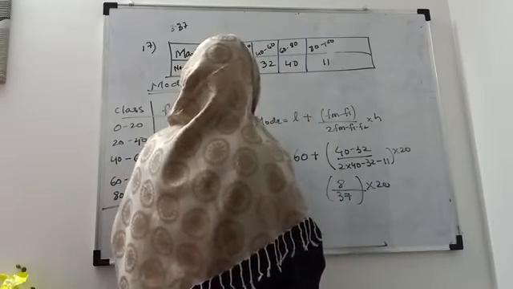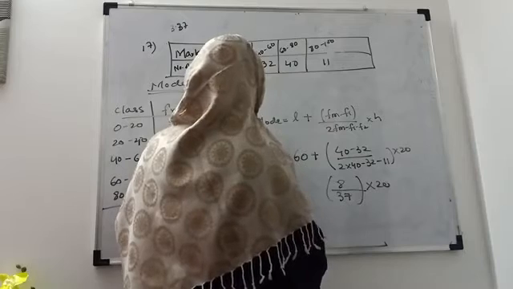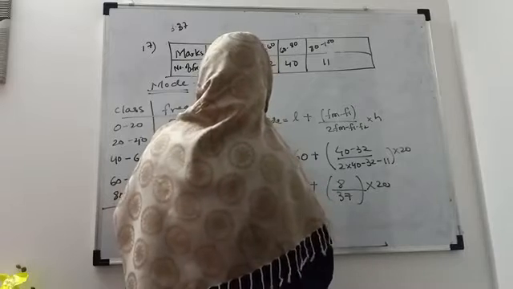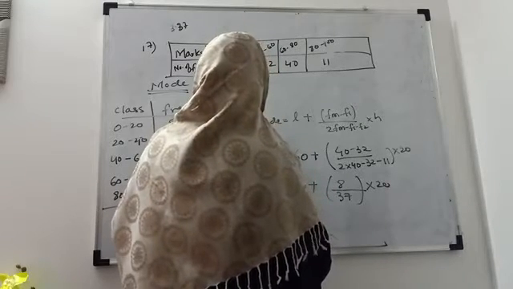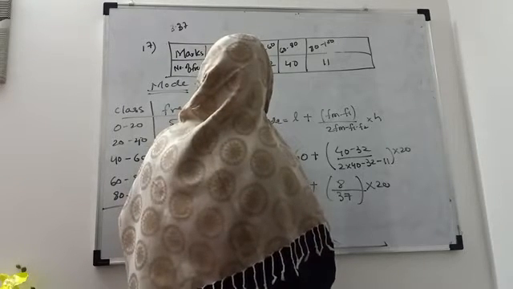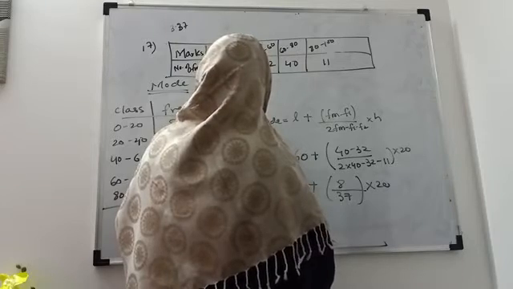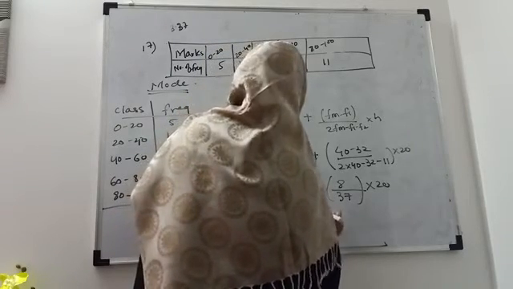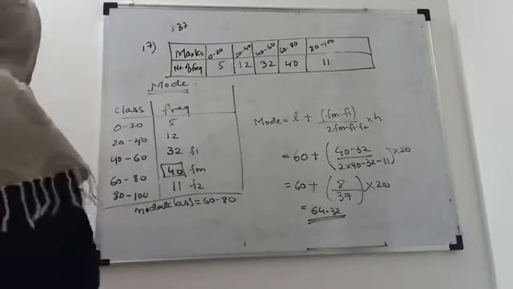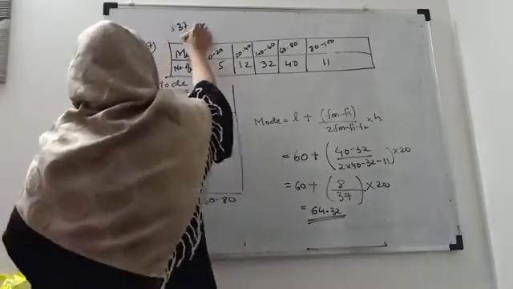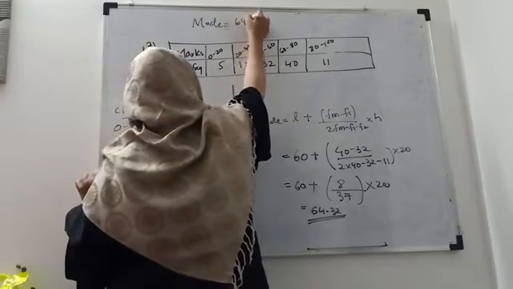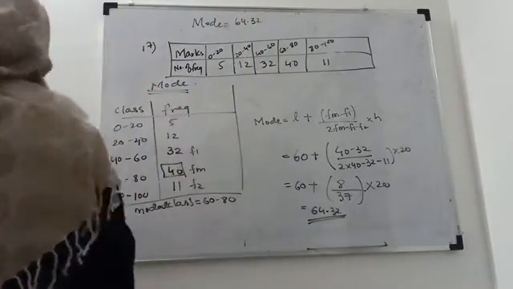So 8 divided by 37 multiplied by 20, plus 60. Answer is 64.32. So the answer for the mode is 64.32. Okay, we'll write over here for the mode, the answer is coming 64.32. Now we will calculate the median.